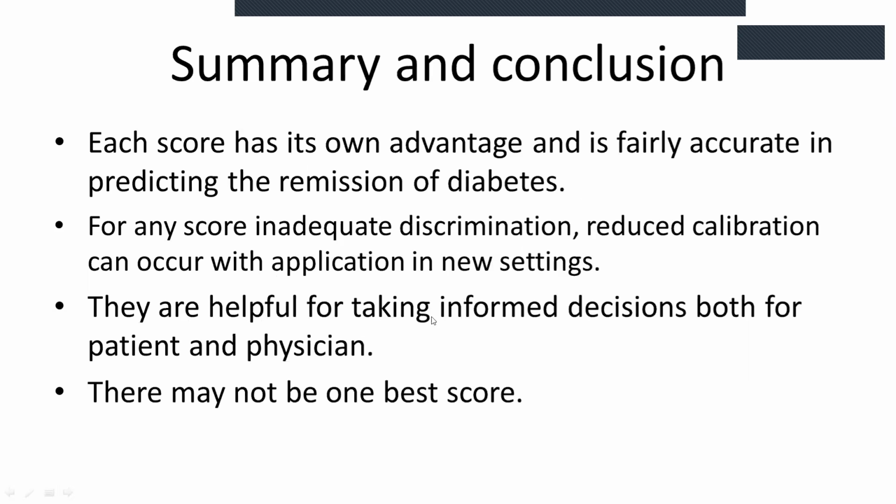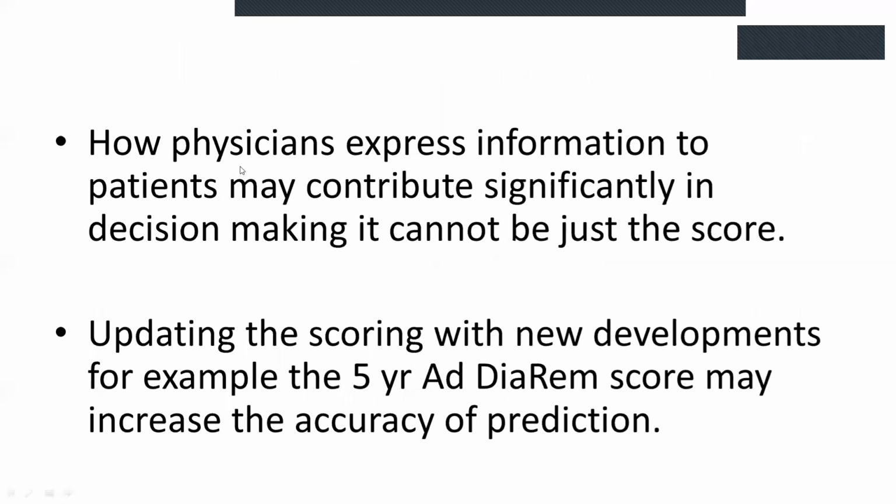These scores are helpful for taking informed decisions, both for the patient and the physician. There may not be one best score. One thing is that how the physician himself expresses information to the patient also contributes significantly to the decision making, and it cannot just be based on a score itself. So this would be the concluding point, I would say.